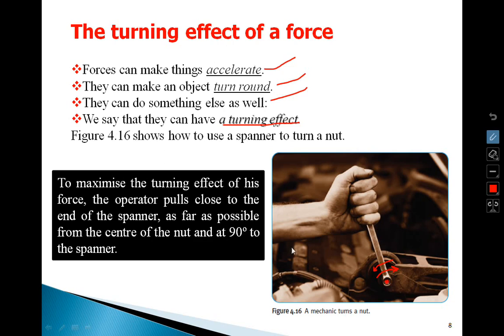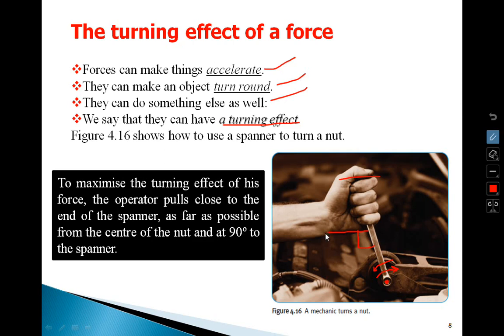So to maximize the turning effect, first he needs to push here at the end as much as possible, at the end of the spanner. This is the first thing. The second thing is to try to make an angle of 90 degrees with the spanner.